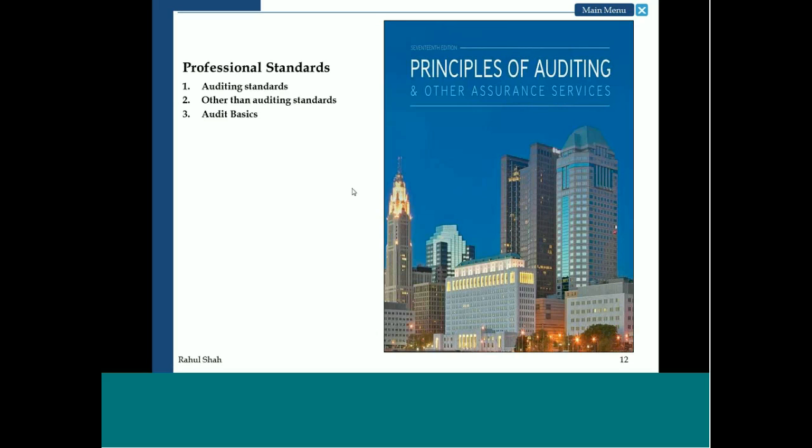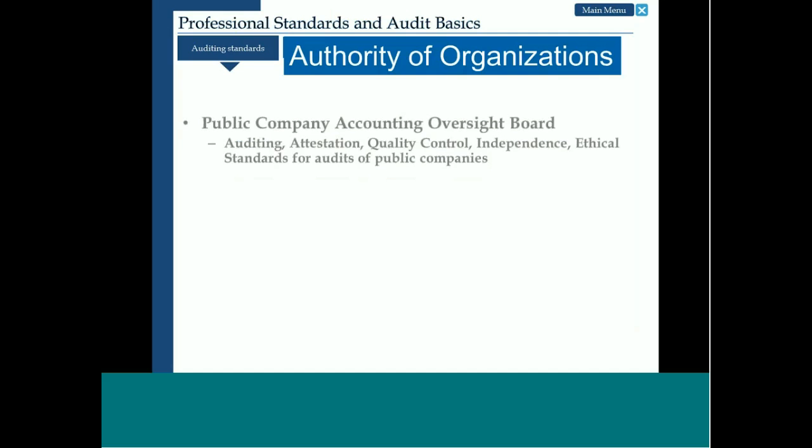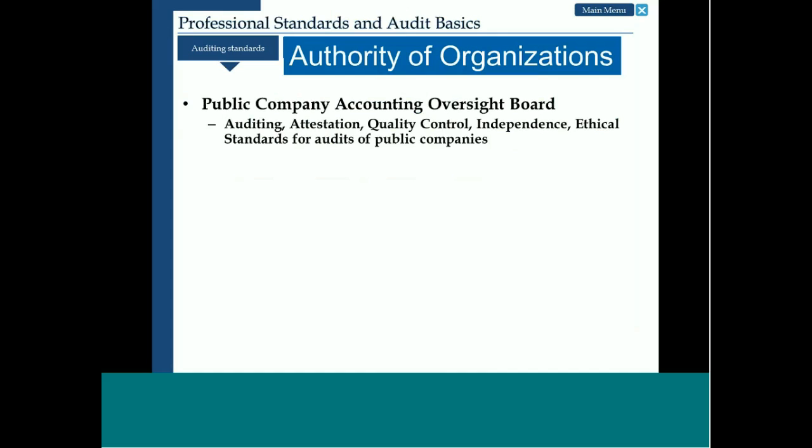So let's understand the auditing standards. What are the authority organizations which issue these auditing standards? These are the guys who come out with this auditing literature. First one, PCAOB.